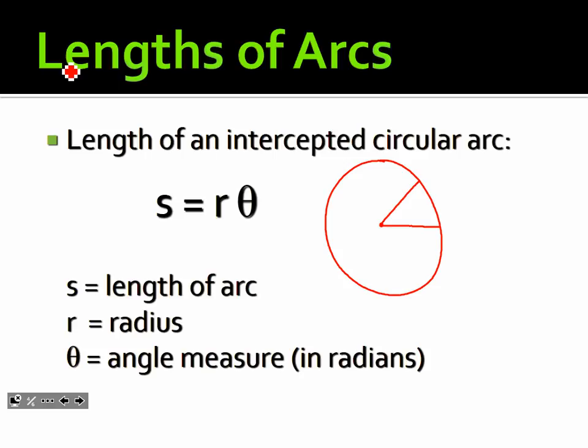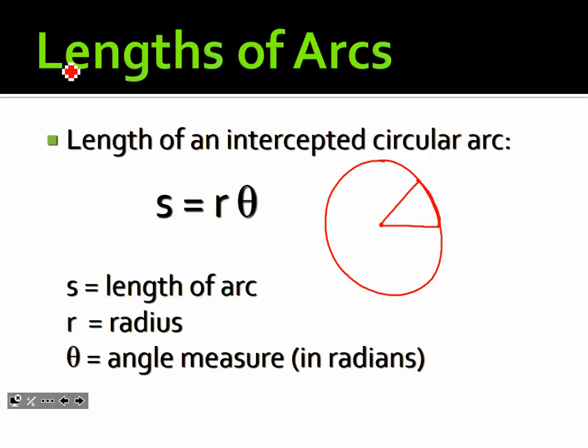When we're finding the length, we're finding the length along this arc. A ruler won't help us with that, because it's a curved edge. So if we want to find the length of a curved edge, then this formula will find it for us. Our only other option might be to lay a piece of string along the edge, cut it so that it matches up exactly with the crust, and then measure that piece of string.